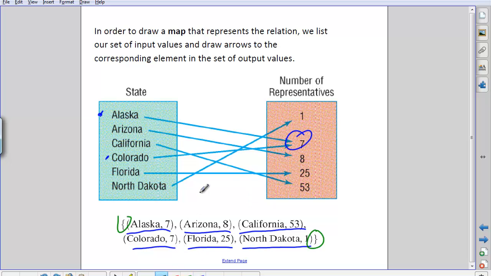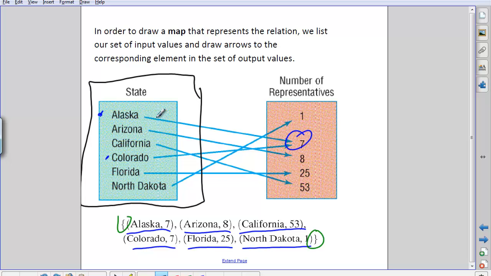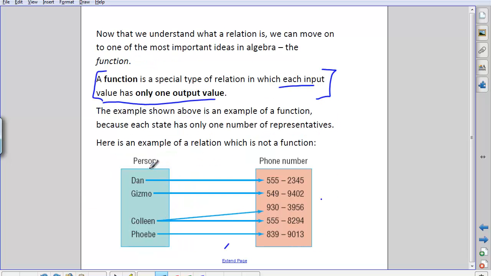What we really want to look at is this left-hand side of this mapping here. Does each input have only one arrow? And that is the case. Something that's not a function, look at this. This is mapping people to their phone numbers. So we've got Dan, Gizmo, Colleen, and Phoebe. All these different phone numbers here.